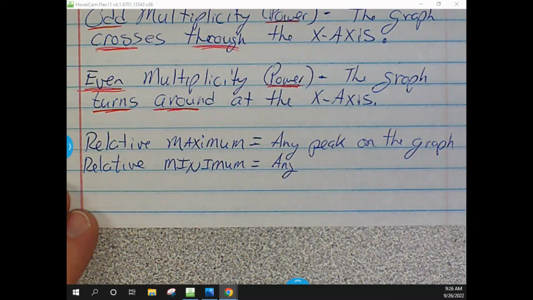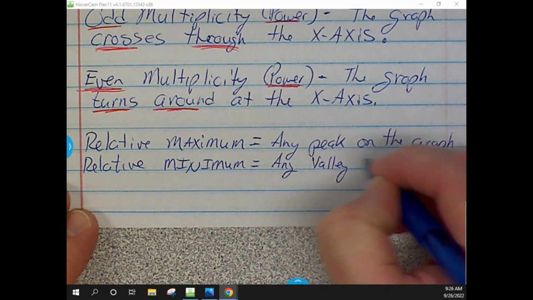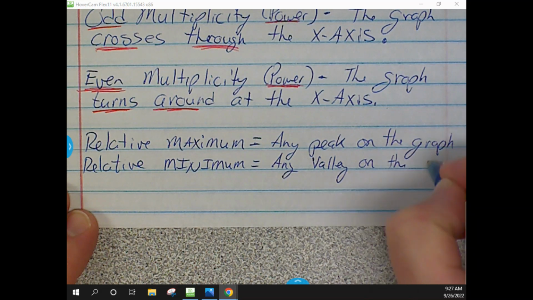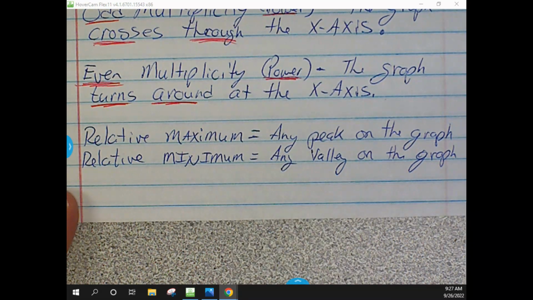What's the best word we could say there? Valley. Valley? Yeah, we'll say that's a good word there. Any valley on the graph. And again, it's not the absolute lowest point. It just happens to be a low point that's in the graph.